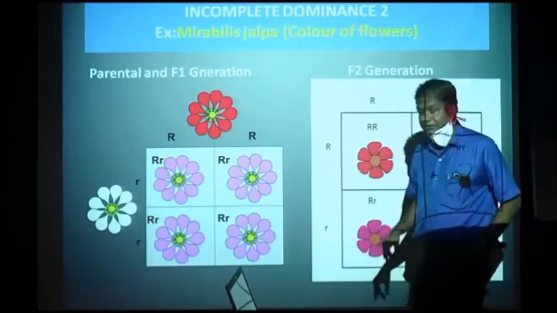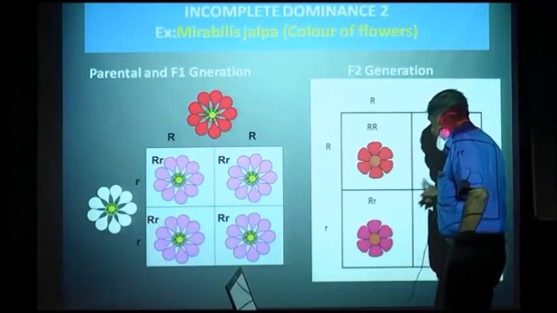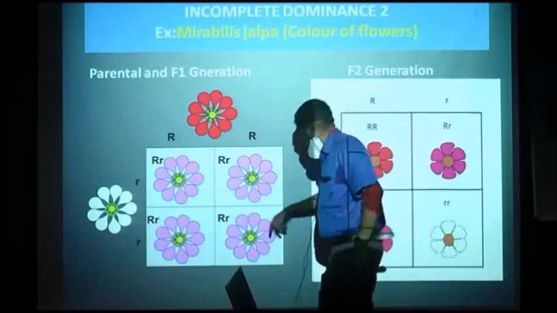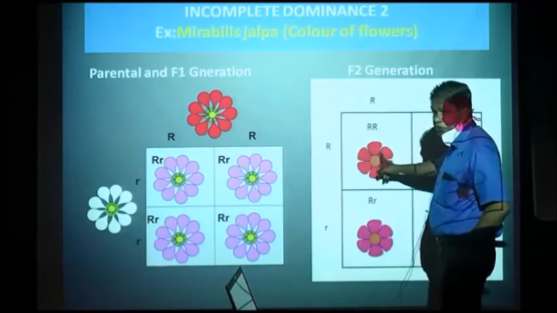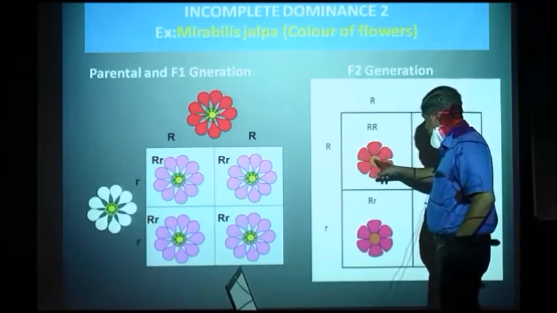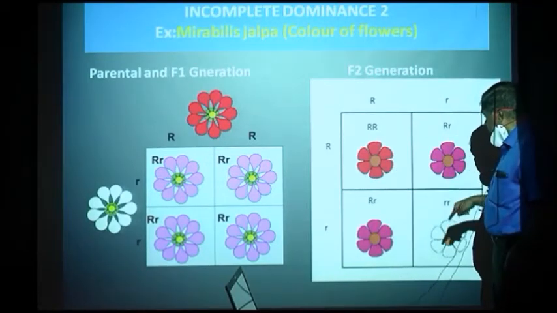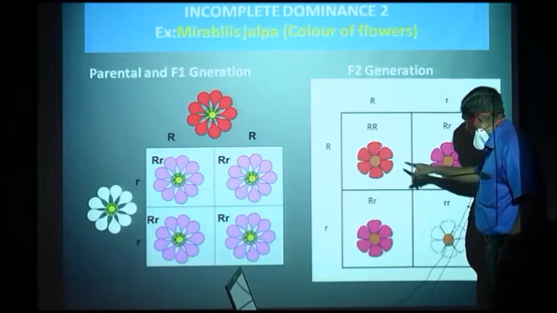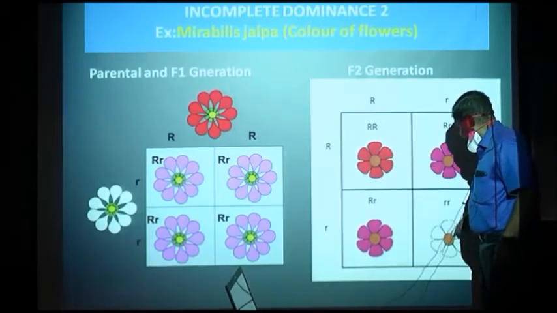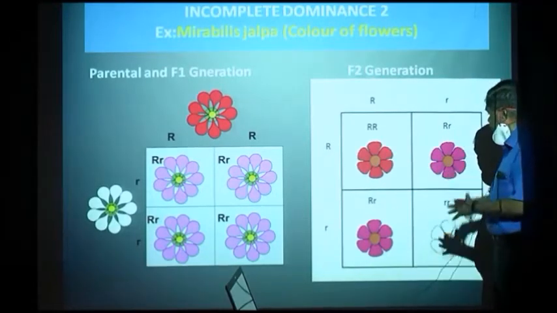This indicates that this is the hybrid condition where pink color is there, and this is pure red. That means red should be dominant over white, but as it is expressed here and expressed here, now these two combined give us pink color in the F2 generation.